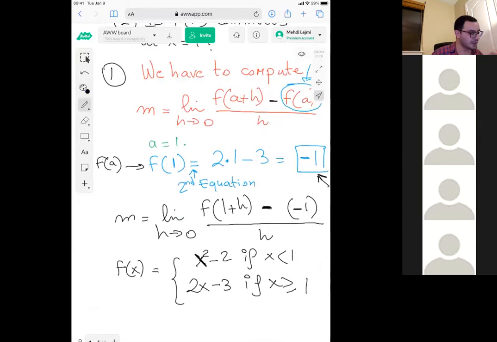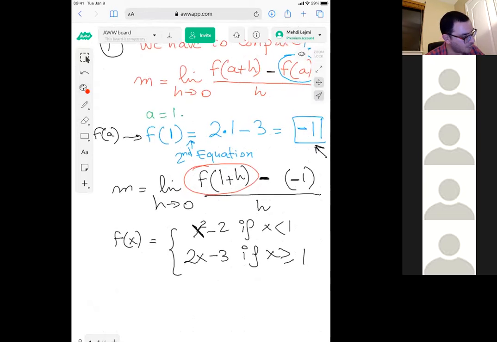All right. So in this m, I need to compute f of 1 plus h, right? So what's f of 1 plus h? Which equation am I going to use? So which equation we're going to use, guys, in the limit here?